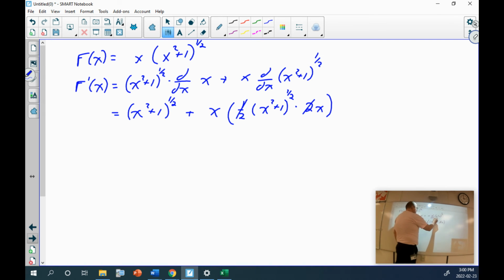And I did lose a negative sign. Okay. So there again, that's product and chain rule as required.